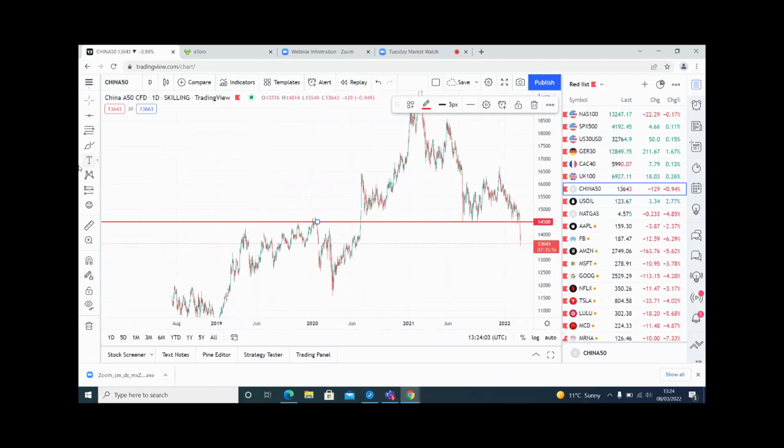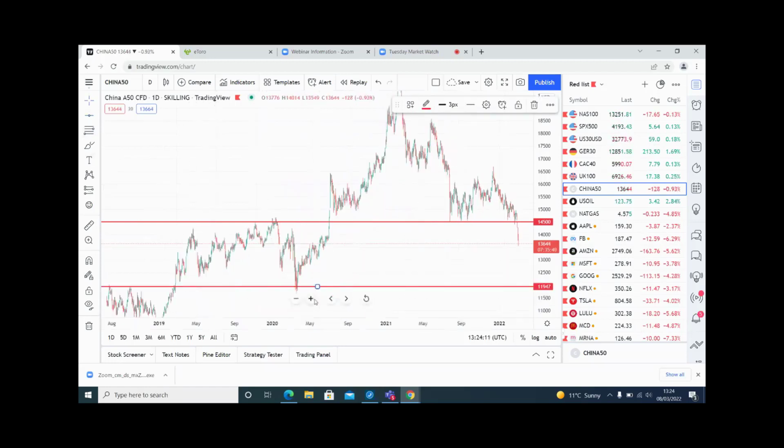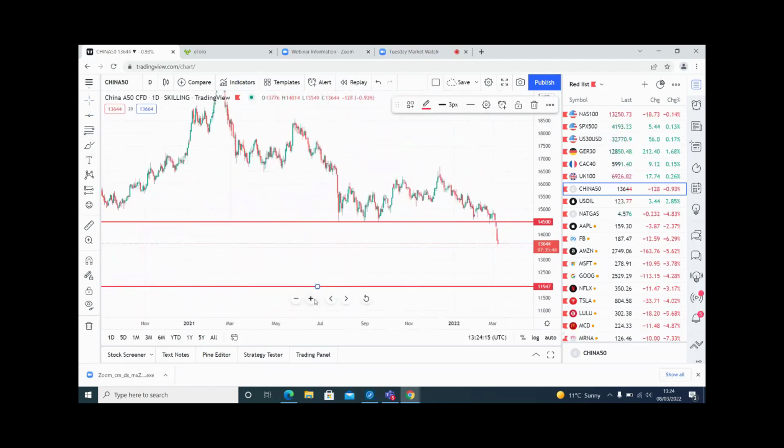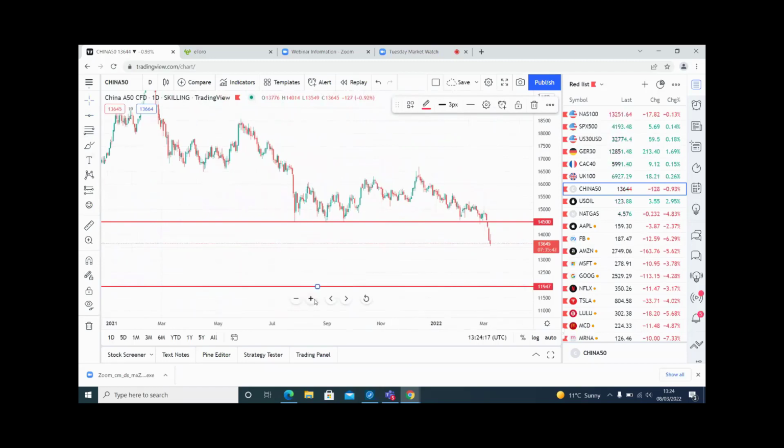Are we going to go down as far as that level? We may initially see it drop that far. It's a little bit annoying that we didn't see a little turn at that particular point to the upside. But with what's going on politically, I imagine that is also having a knock-on effect on China.